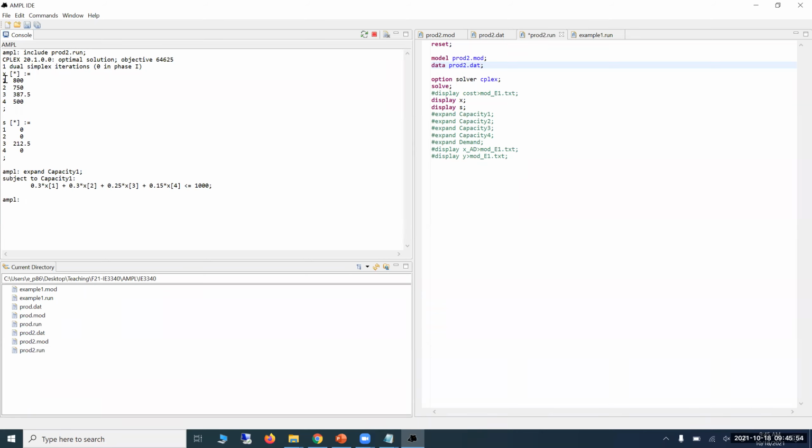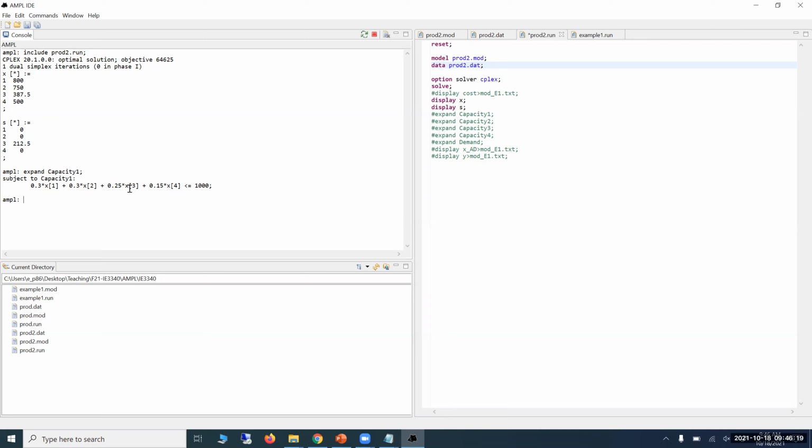It is a constraint for this problem. This is the first constraint for the problem. So it has x1 equals 800, x2 to 750. X1 equals 100, X2 equals 750, X3 equals 387.5, X4 equals 500, and then the slack for 3 is 212.